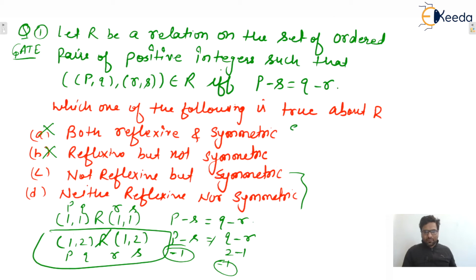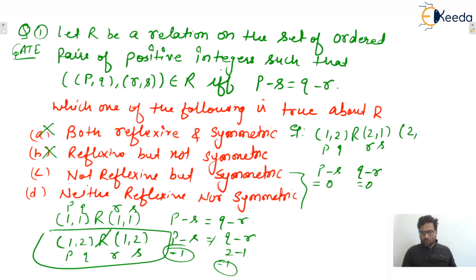So let us consider one more example. You only tell me whether (1,2) is related with (2,1) or not. Here this is P and this is Q, this is R, and this one is S. So P minus S will be 0. Similarly, Q minus R will also be 0. Yes, that will be related.